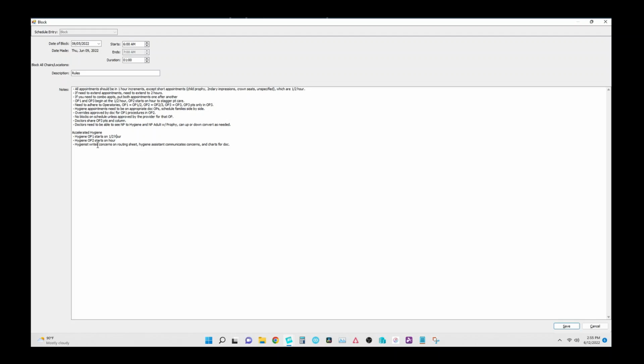Okay. And then the assistant, essentially, what is the assistant's duty? The assistant will take the x-rays, break down, set up the room. The assistant will do the perio charting. The assistant will also chart for the doctor, and also check in and check out the patients, and then communicate to the doctor any concerns from the hygienist.